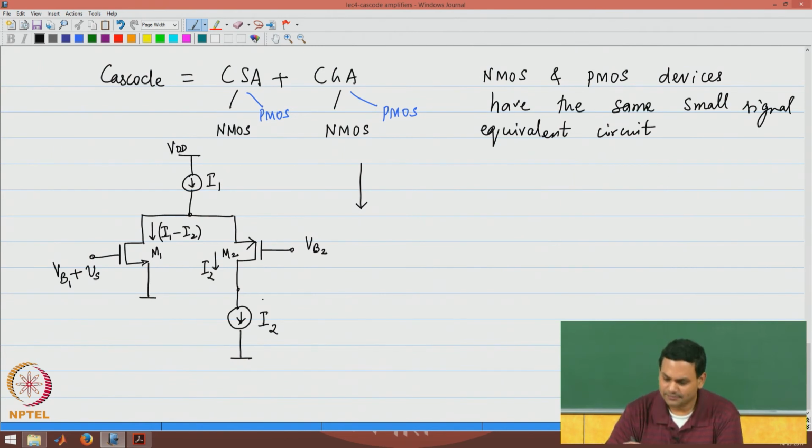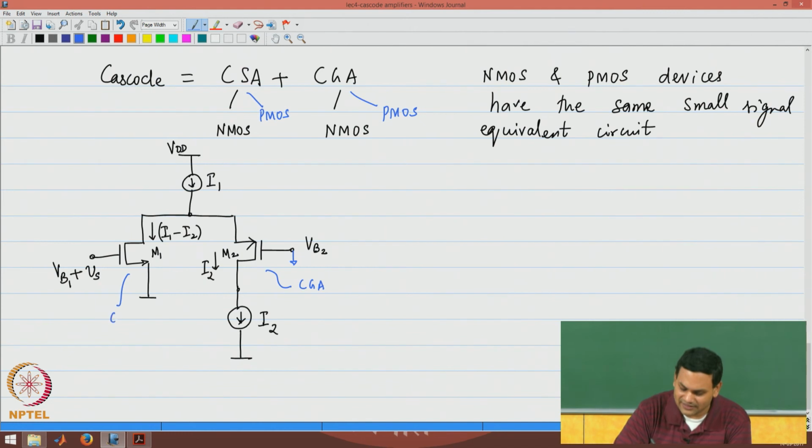In such a case, if you look at the small signal equivalent circuit, I will show that in blue. The gate of the PMOS transistor will be grounded. So, this acts as a common gate amplifier.